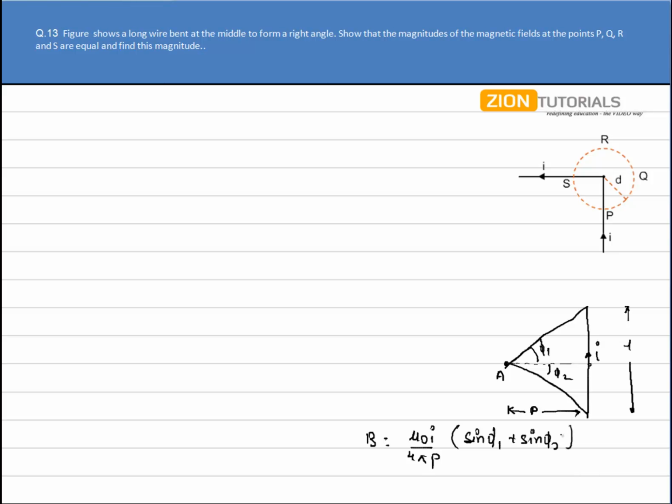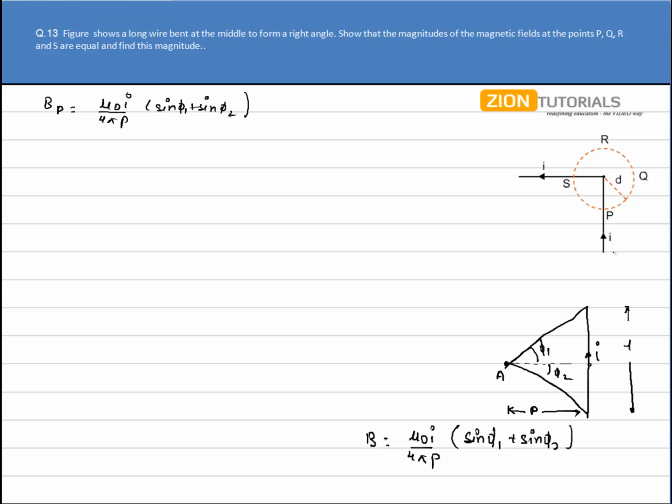Okay. Now let's say calculating the magnetic field at a point P. Alright. For point P, I have mu naught I by 4 pi p into sine phi 1 plus sine phi 2. Net magnetic field at point P will be due to this current carrying conductor and this current carrying conductor.